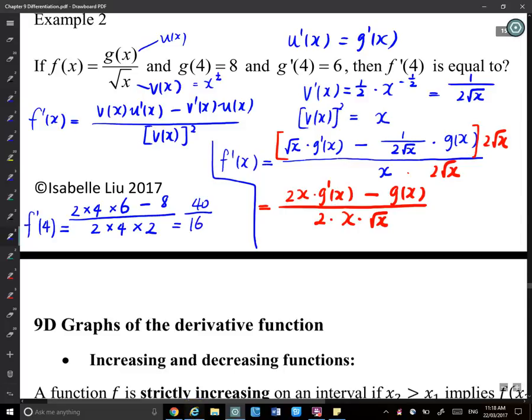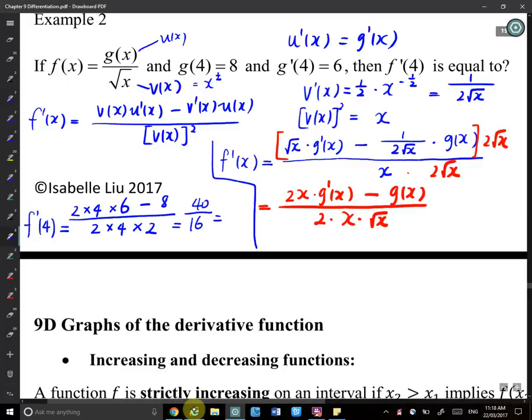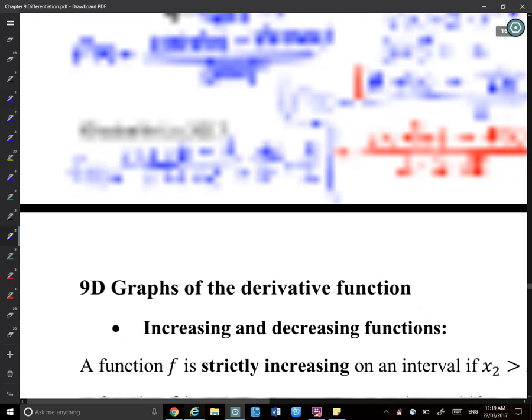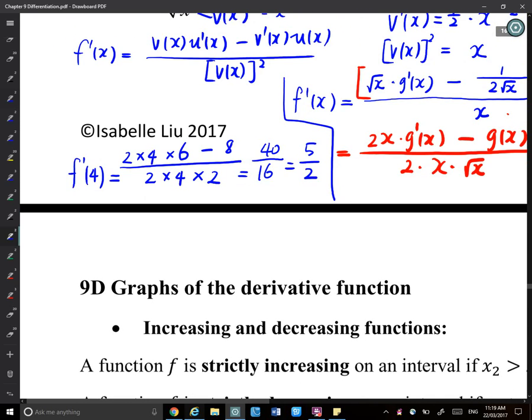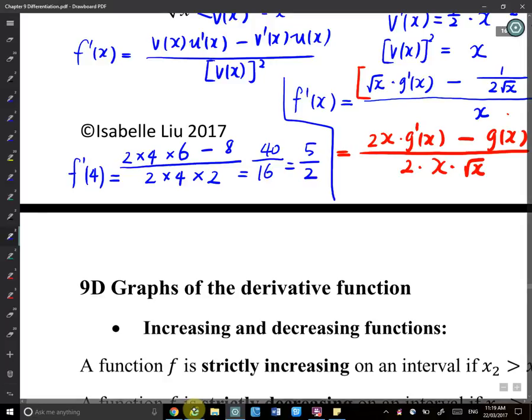Is that correct? 2 times 4 is 8, 6 times 8 is 48, 48 minus 8 is 40. 40 divided by 16, I divide by 8, I have 5 and 2. So it's 5 on 2.